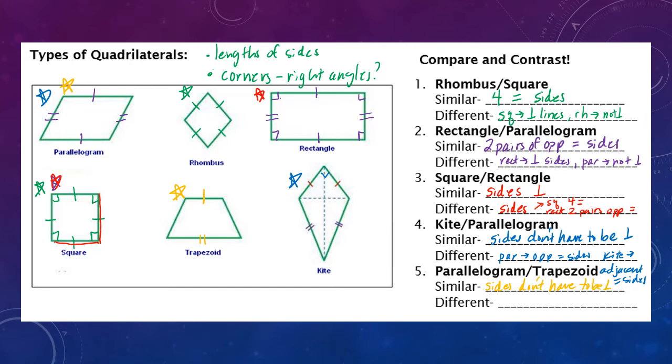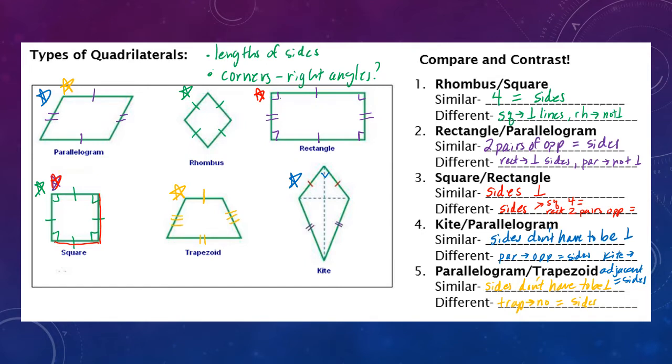And then as far as the ways that they're different, the trapezoid doesn't have any equal sides, and the parallelogram does. So I'm going to say that the trapezoid has no equal sides. Especially if you look at this picture, it looks like these sides are the same.